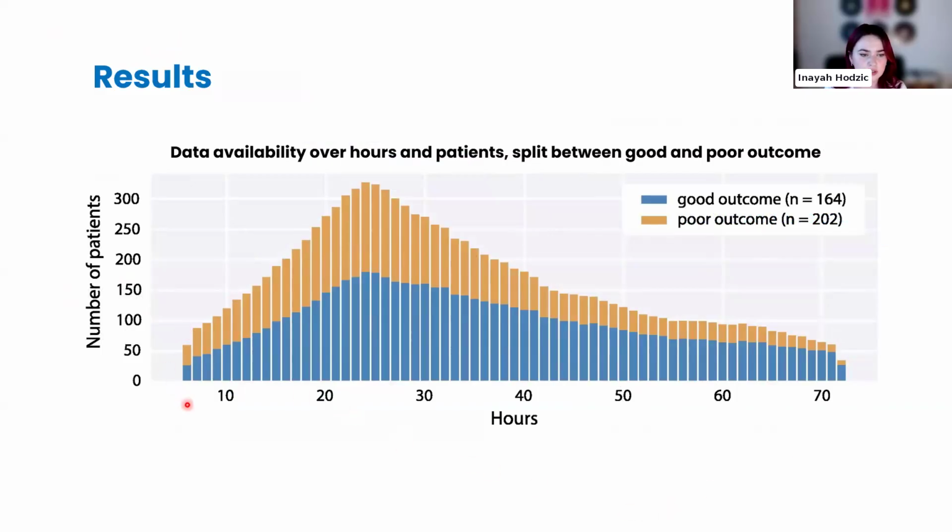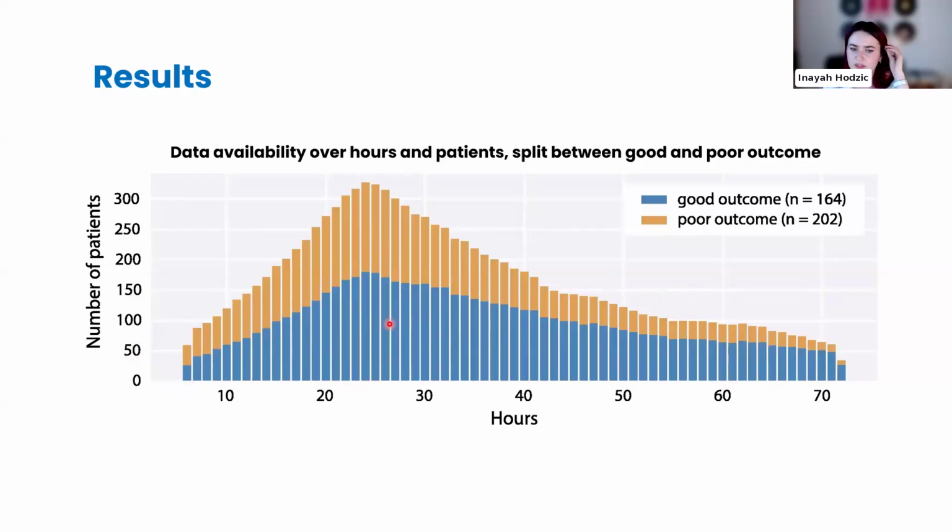We see that the earliest EEG recordings were around T is 5, but very little, although above 50 patients. Then we saw a consistent increase in the number of patients and the data available per hour, reaching a peak at around T is 24, after which there's a slow decline in the total data available.